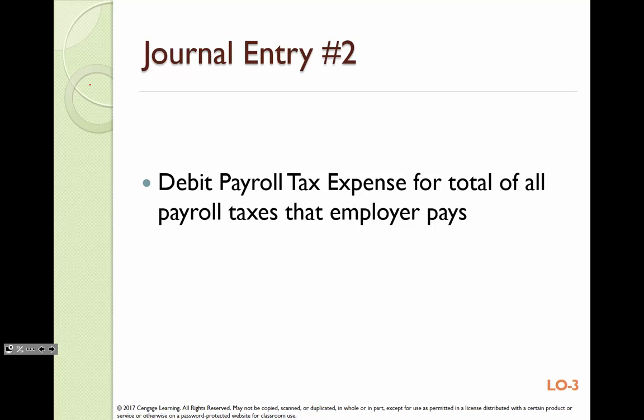Each one of those, again, is going to be credited for the amount that you owe. And the total of the 4 of them is going to go here. So I can't even do my debit till I've done my 4 credits, because the debit equals the 4 credits.